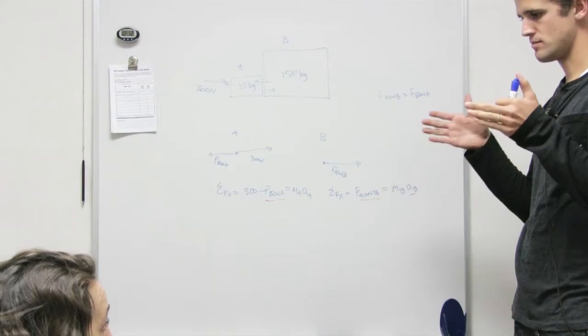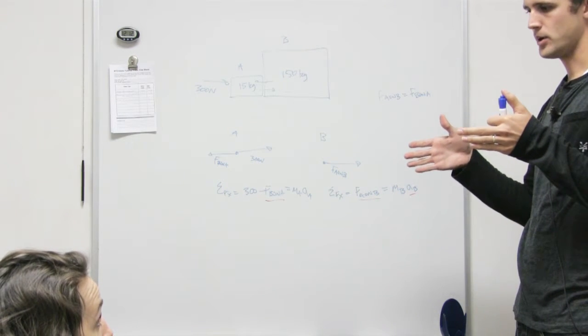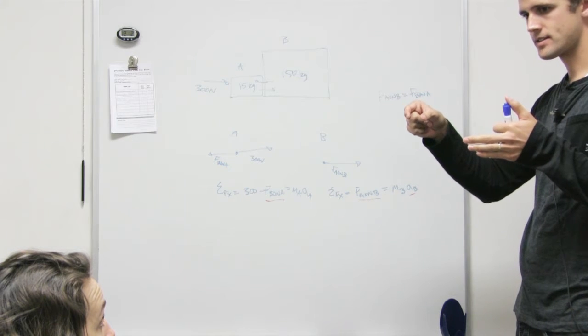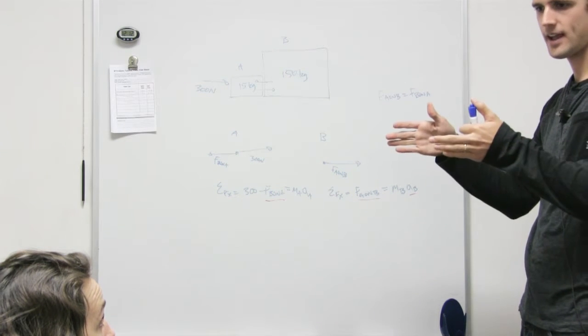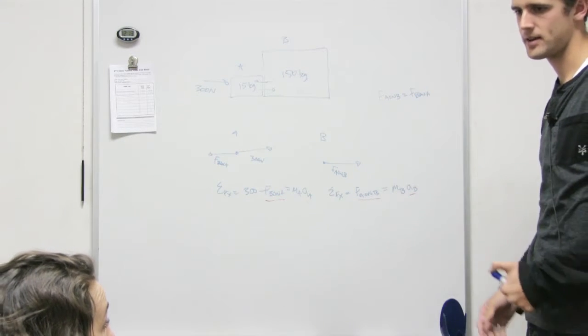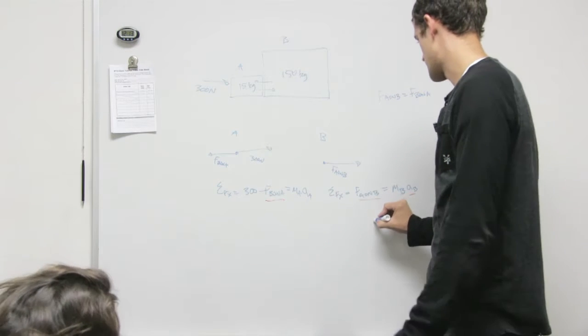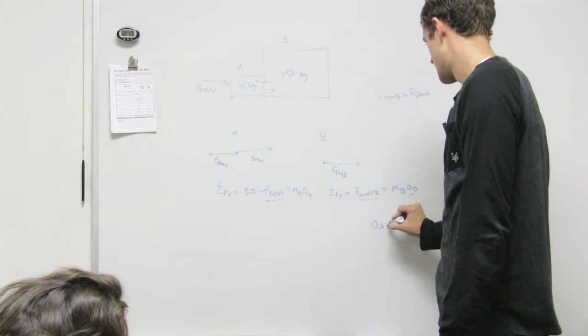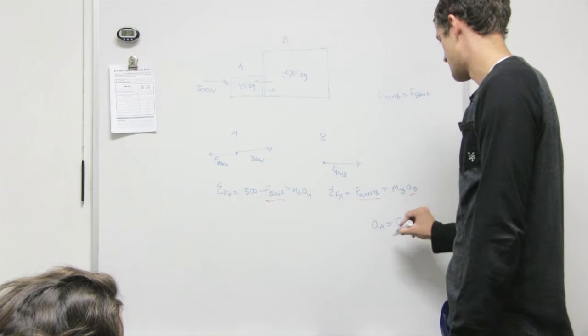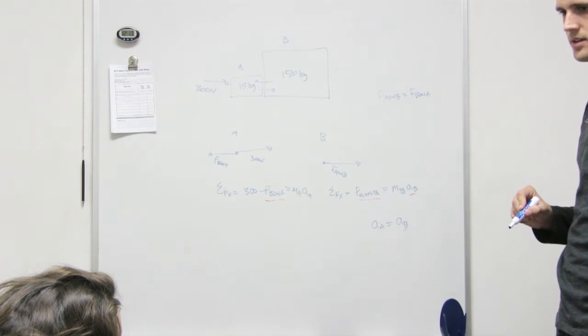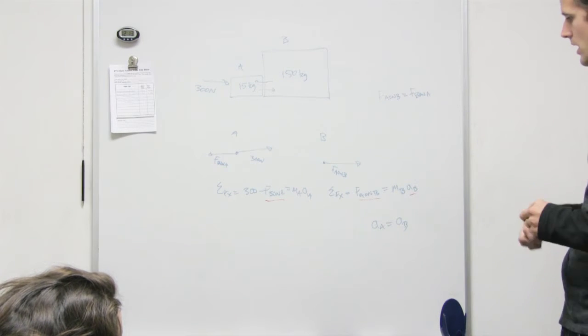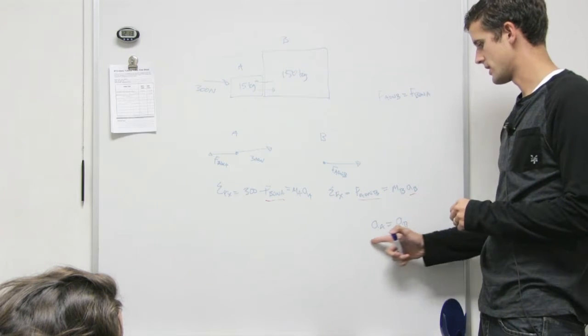You could take a Mack truck and put a bouncy ball in front of it, and if you push the two together, they're going to accelerate at the same rate. So that's your last equation. You just say acceleration of A equals acceleration of B. So that's an acceleration constraint.